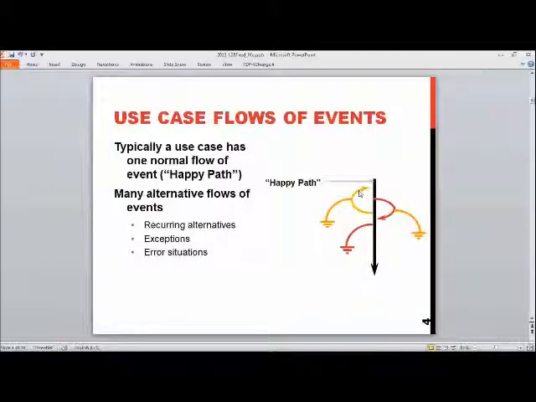Anyway, considering the one thing I have to emphasize on how these use cases are designed is the happy path concept.